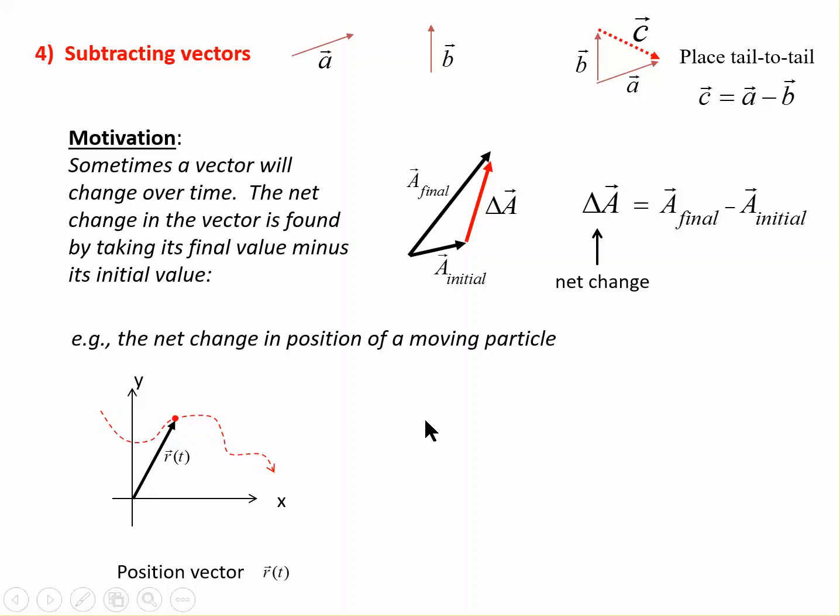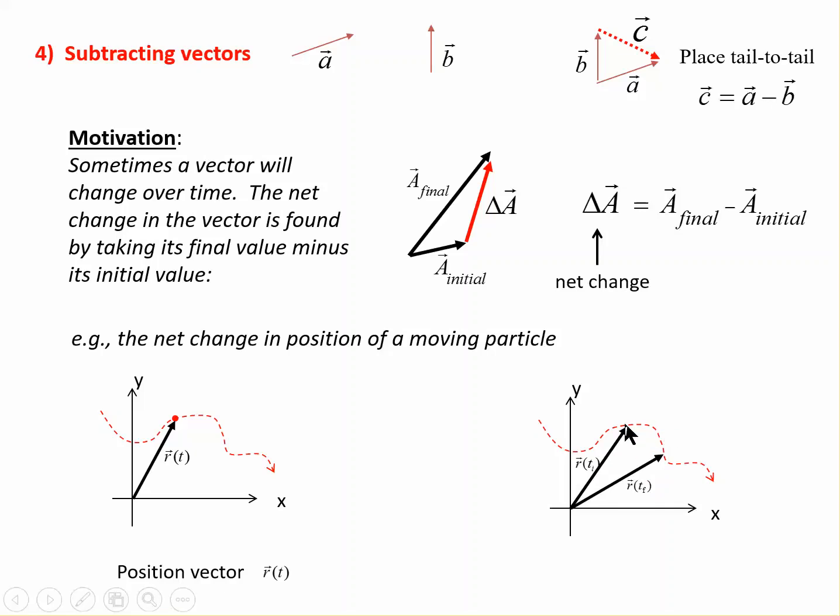As the particle moves, its position is changing. So suppose, for example, the particle starts off here and moves along this red path to here. So here's the initial vector, what it looked like at, let me call it t initial, and here's its position at a later time, let me call it t final. So if I want to know what's the net change in its position, or in other words, what's the displacement of the particle?